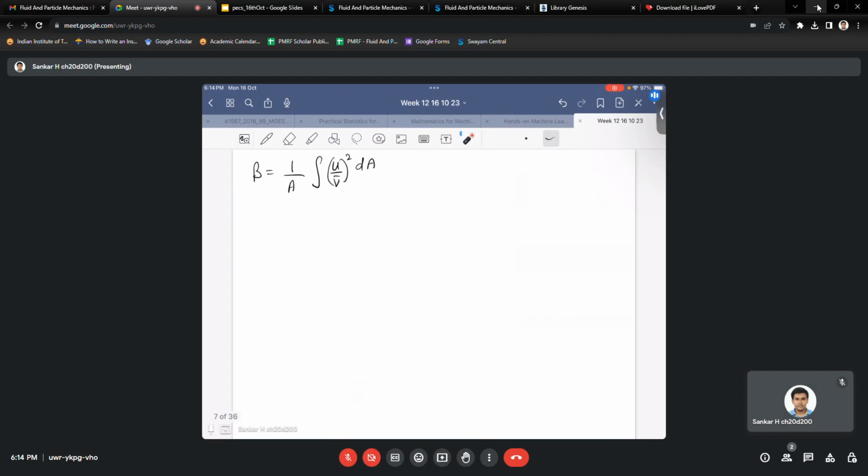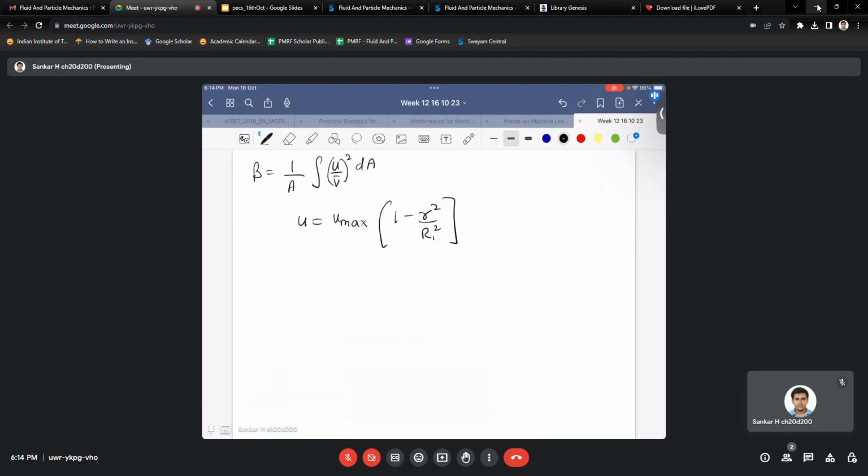Apparently, that relation will be incorrect here, because you know that the velocity in the x direction will be equal to the max velocity times 1 minus r square by r1 square. If you are considering r1 over there, only then will this equation be satisfied. So that was a mistake that's been given in the SWAYAM website or in the NPTEL.